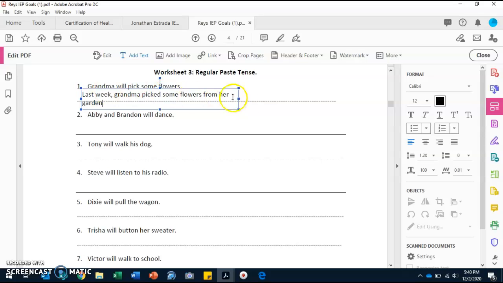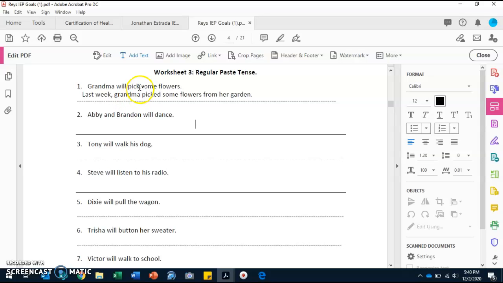I'm going to write a little more just so it's in a complete sentence. So we did last week, Grandma picked some flowers from her garden. And that's how we made this into the past.